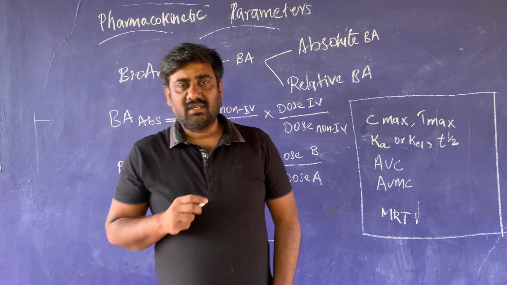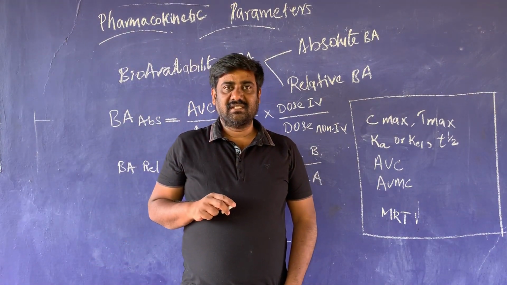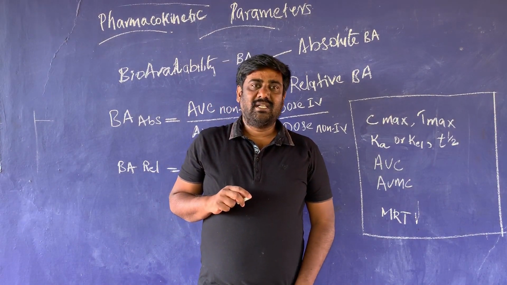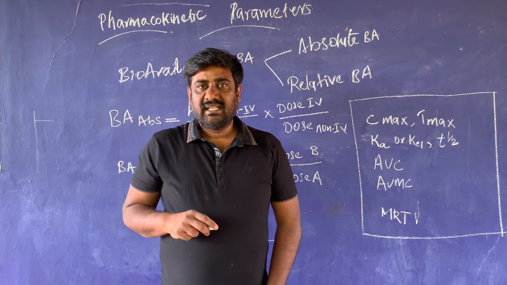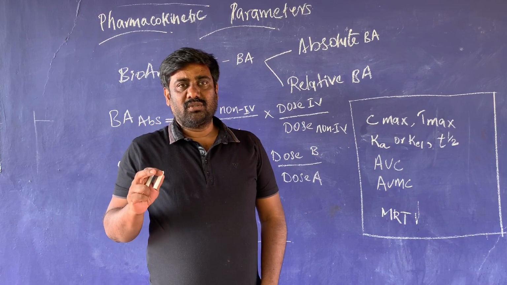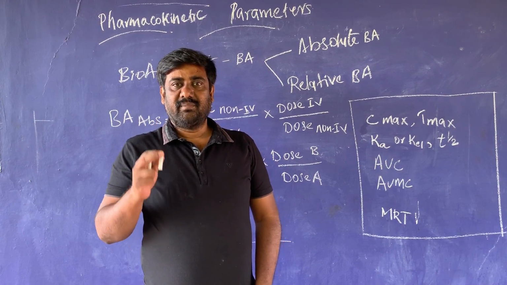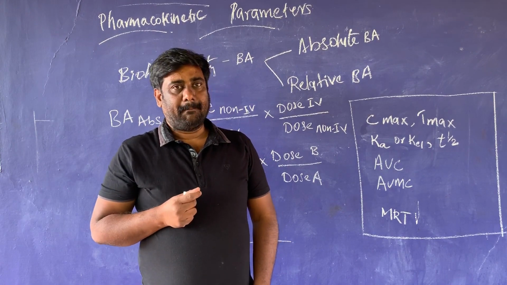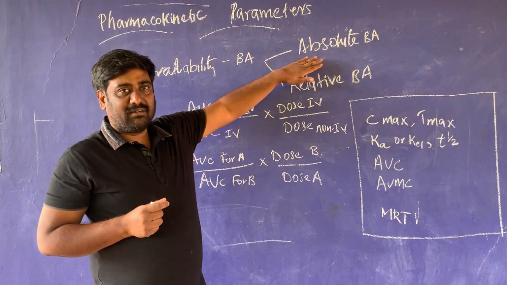Rest all other dosage forms or routes of administration are less than 100% due to the first pass metabolism or intestinal absorption. So the IV route is considered as 100% because the drug is as such directly placed into the blood. So what is absolute bioavailability?